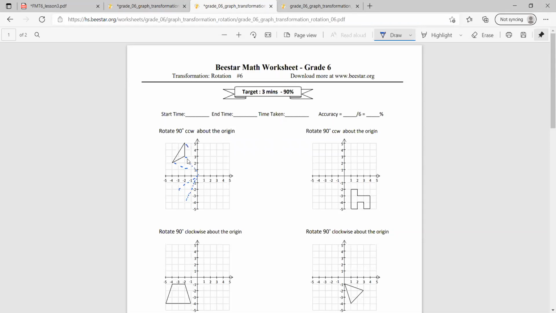And then this one can go from here to over here. So then if you connect all of these endpoints, it would give the 90-degree rotation counterclockwise for this triangle. Does that make sense? Okay.